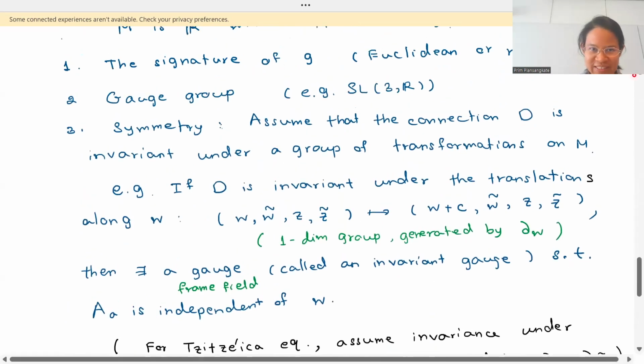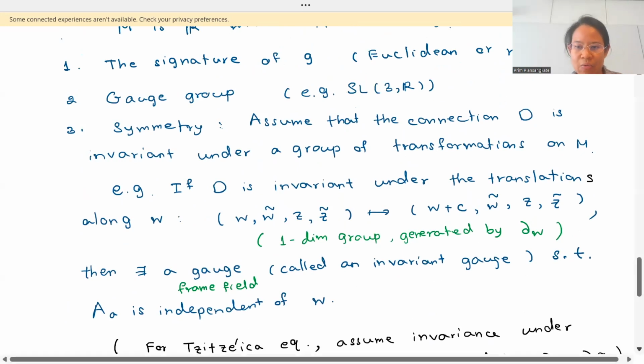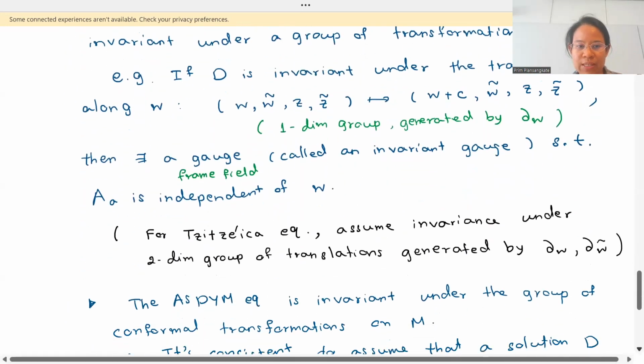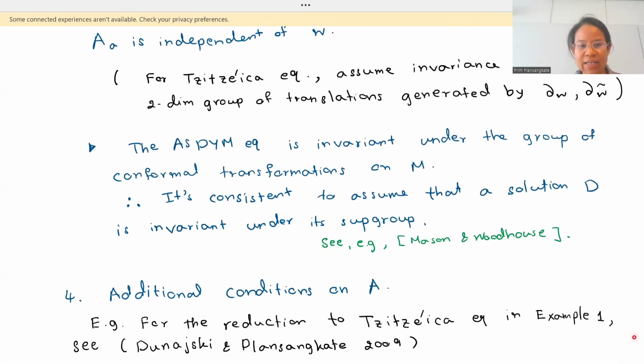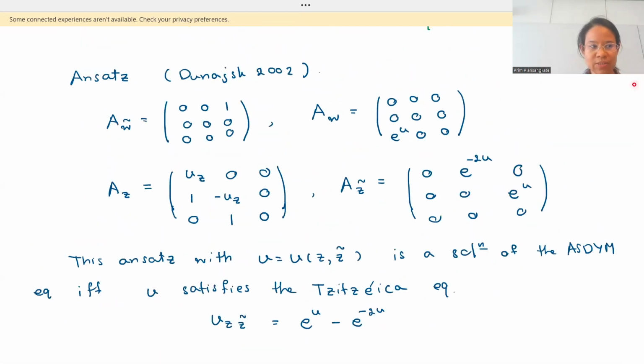Now, another thing that we can specify is, let me just go up. Apart from choosing a signature and the gauge group, the most important thing is the symmetry. After we do this, we can put some additional conditions. For example, if I just assume symmetry, I would have that the components are independent of W and W tilde, but then it doesn't have to be in this form.